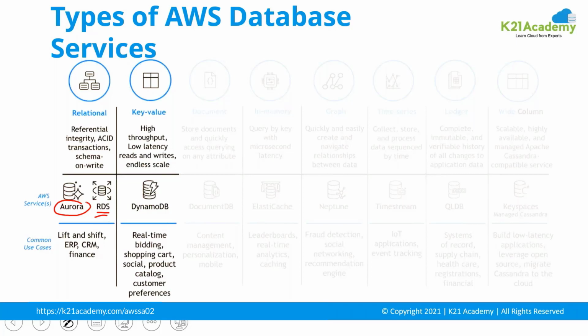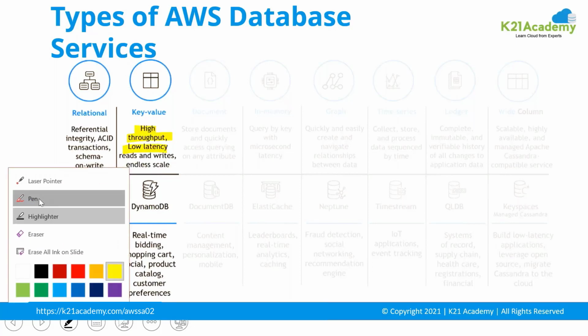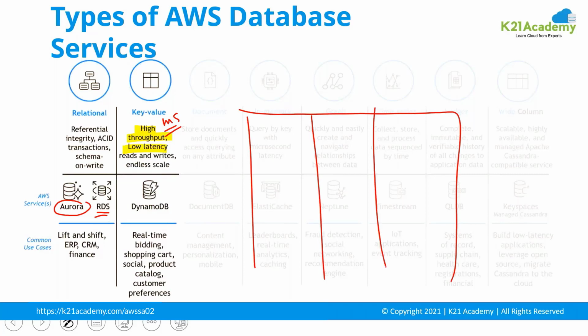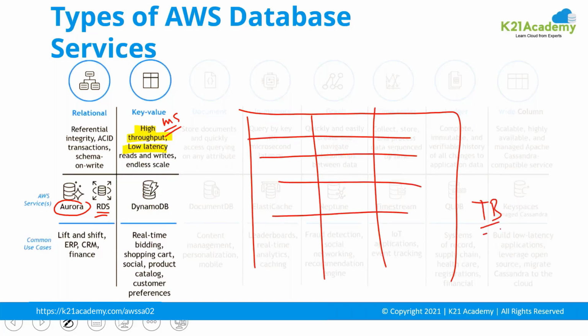And then if you are looking for a database with high throughput and low latency, and when I say low latency, it is a single digit millisecond response time. Say I have a table, whatever information is stored in the table, even if the size of the database is in terabytes, if I try to fetch the information, I'll get the response within single digit milliseconds.